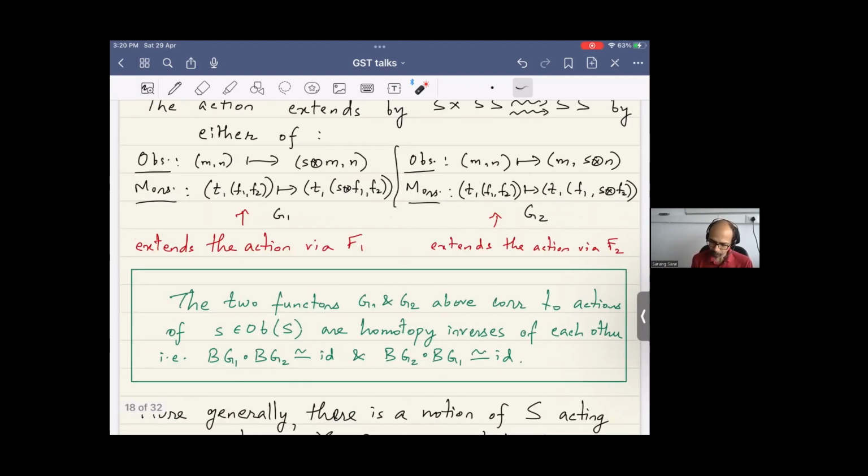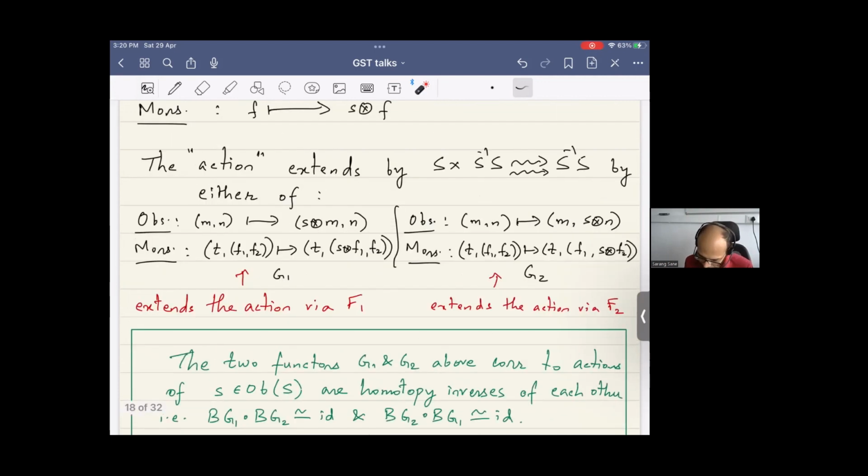The main point is the following. Sorry, I should have been careful: G1 and G2 are not the functors. G1 is the functor from S inverse S to S inverse S induced by fixing the object little s, and G2 is likewise induced by fixing an object little s.